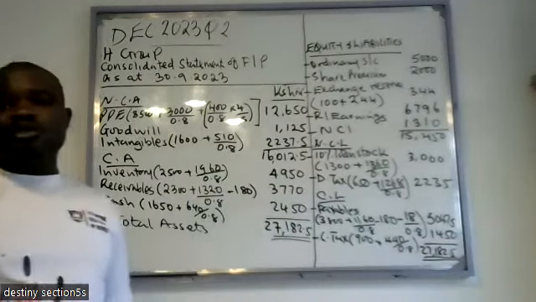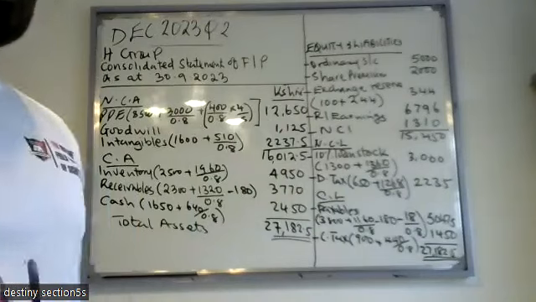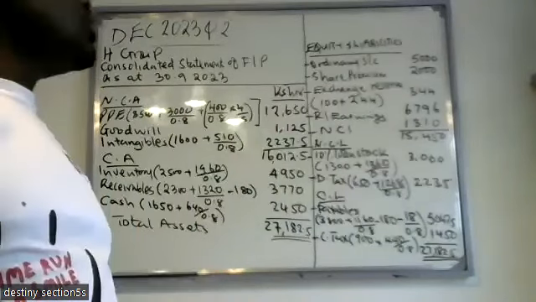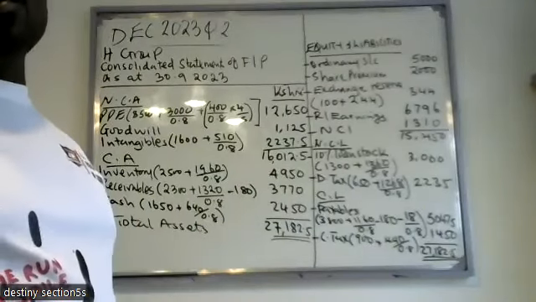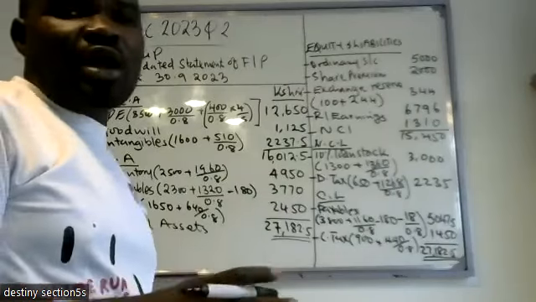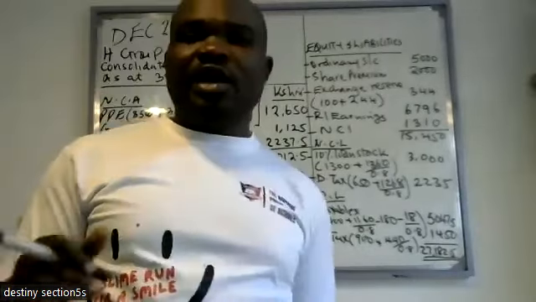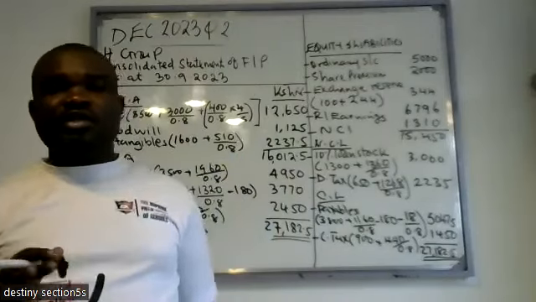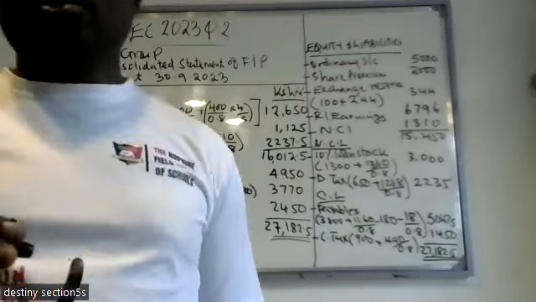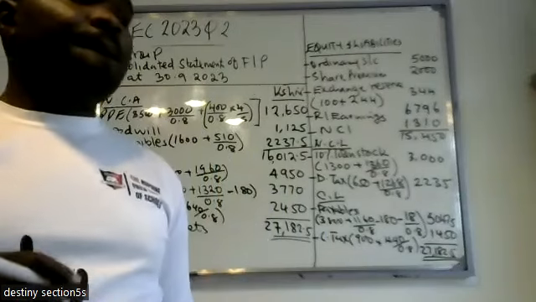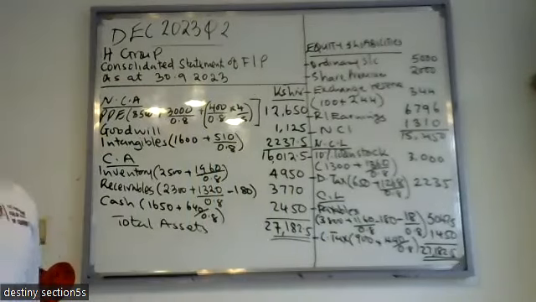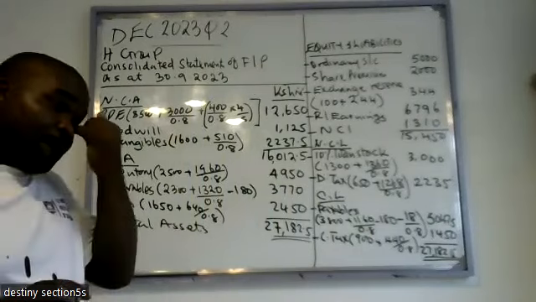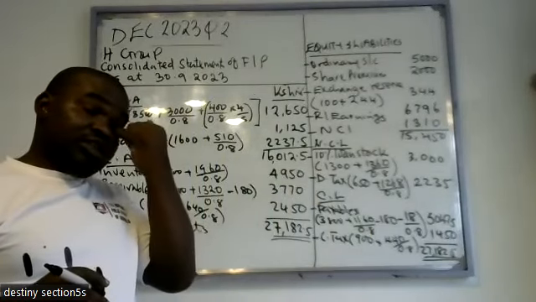27,182.5. So now in this question, students were required to get 7 correct entries. Before I mark for you, Abdallah, there's a question you had on receivables.